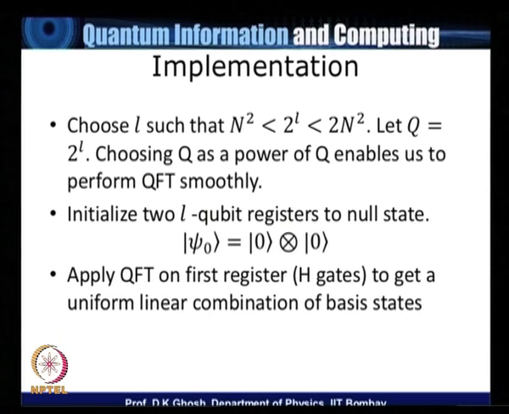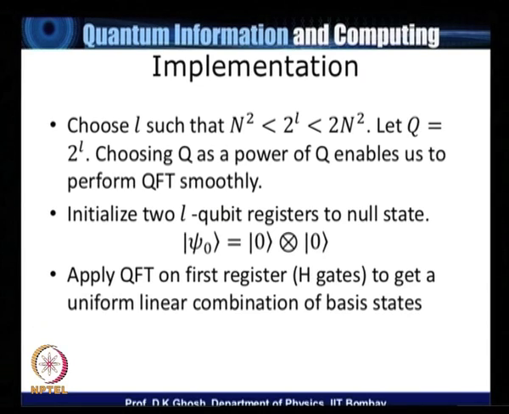Let's call Q equal to 2 to the power L. The reason why we will choose Q to be a power of 2 is because it will enable us to perform quantum Fourier transform process smoothly.